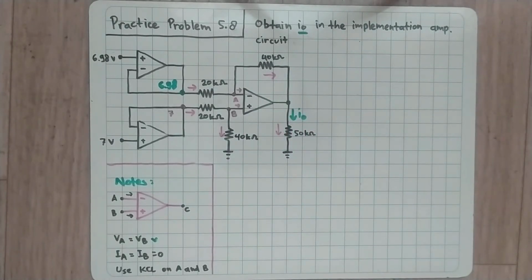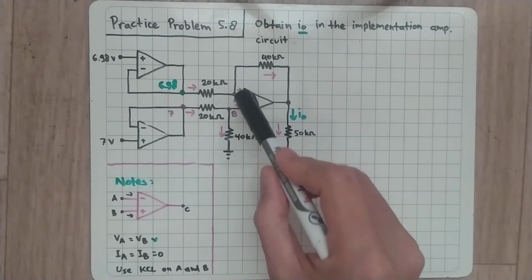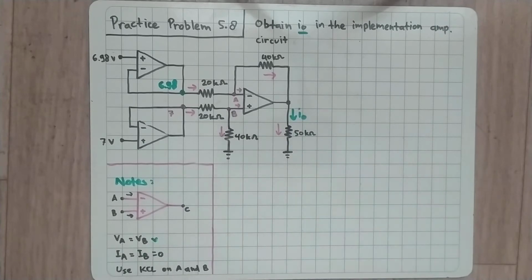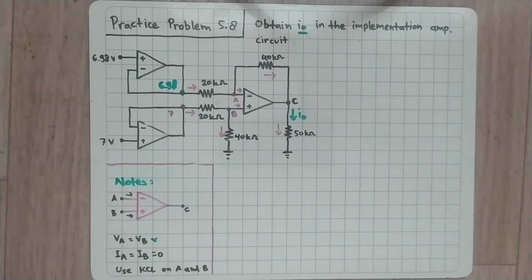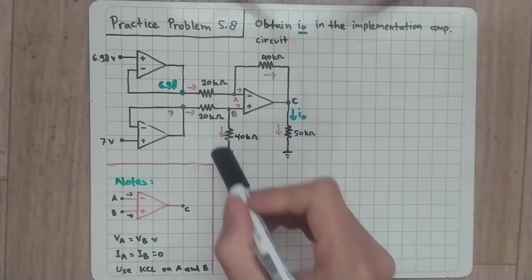Okay, now we need to do KCL at 3 nodes, which is node A, node B, and this node. So I will name this node C, I think.